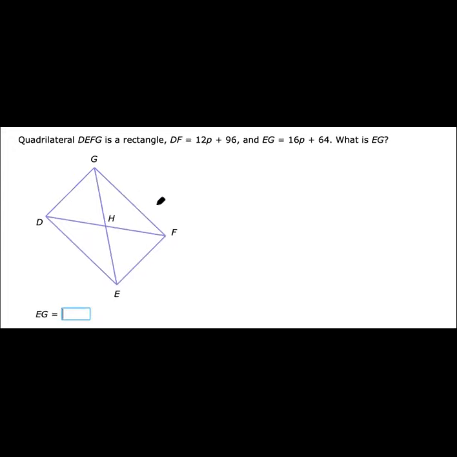All right, one more here. We have quadrilateral DEFG is a rectangle. DF is equal to 12P plus 96, and then EG is equal to 16P plus 64. What is EG? So EG is this one right there. So we're trying to solve for EG.